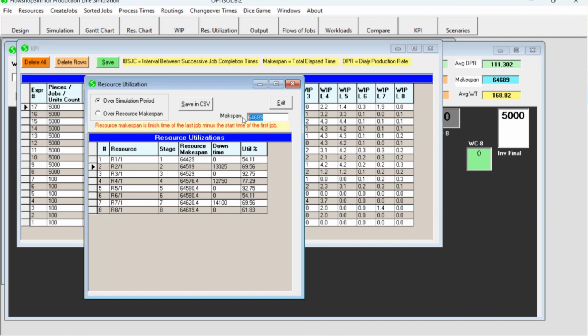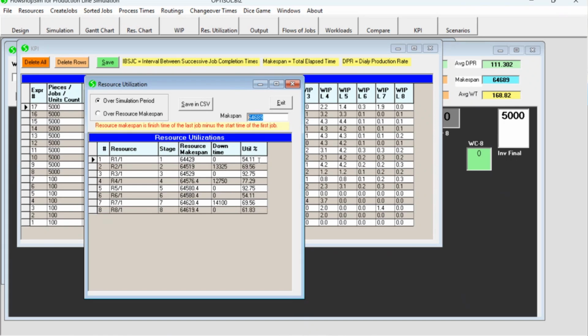In total, we simulated 64,689 minutes to make 5,000 pieces. During that time, R2 is not available. It has a repair time of 13,325 minutes, this has 12,750, and this one 14,110.